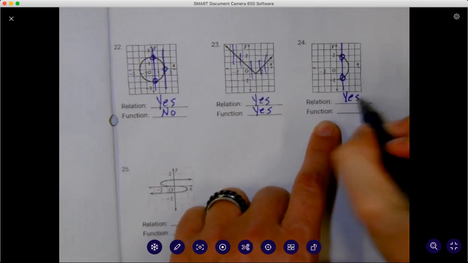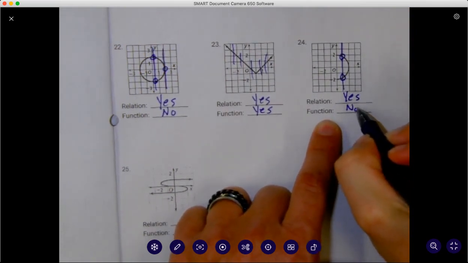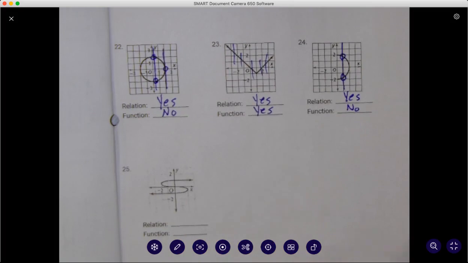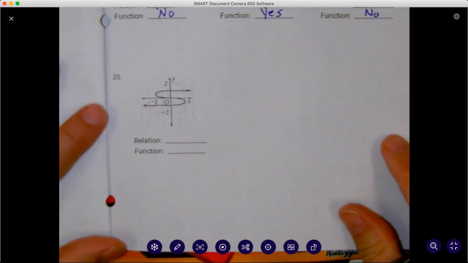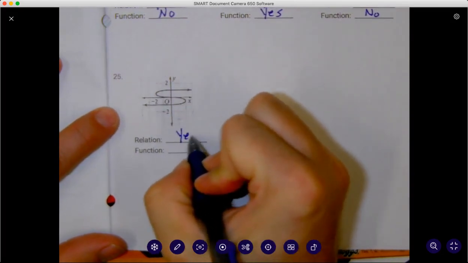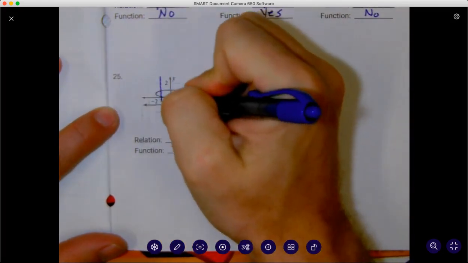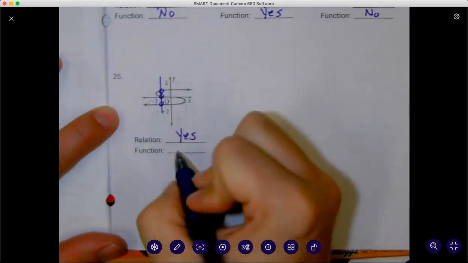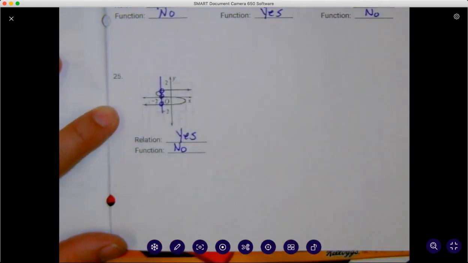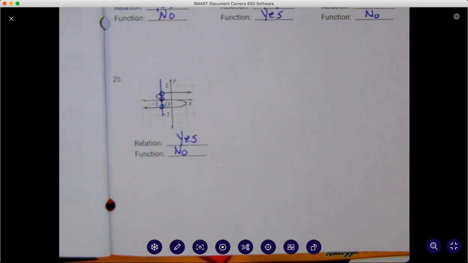It is a relationship, but it's not going to be a functioning relationship. And then 25, last one. Is it a relationship? Yes. Draw a vertical line. Three different girls popped up, so that guy's not ready for a functioning relationship. So this is not a function, but it is a relation.